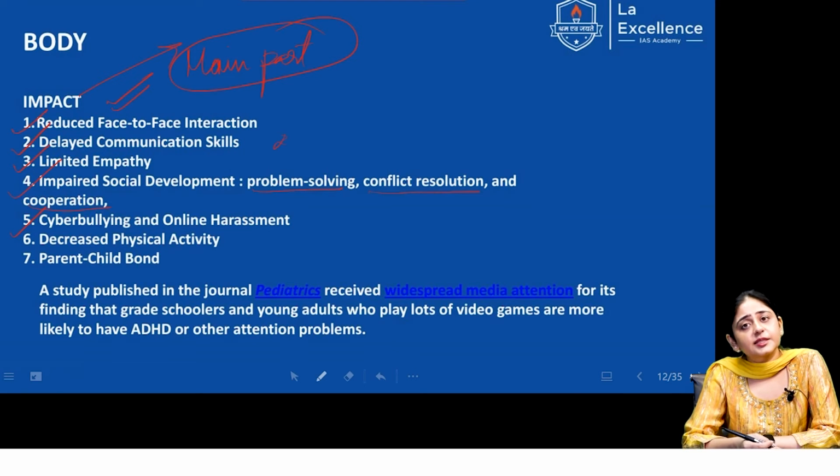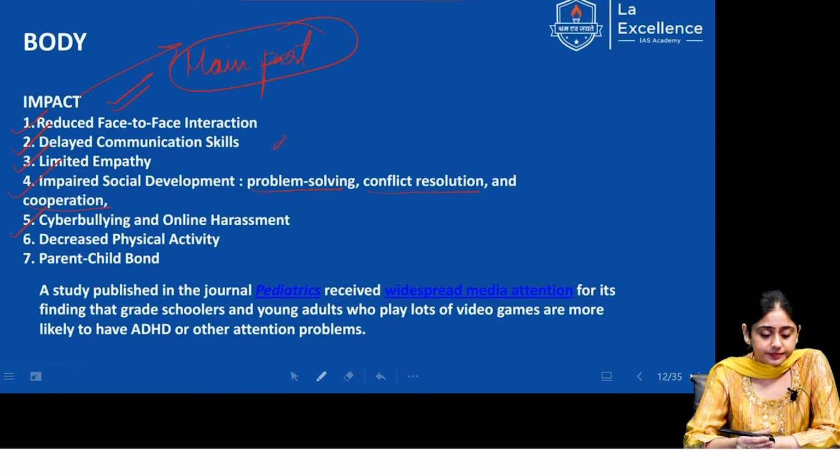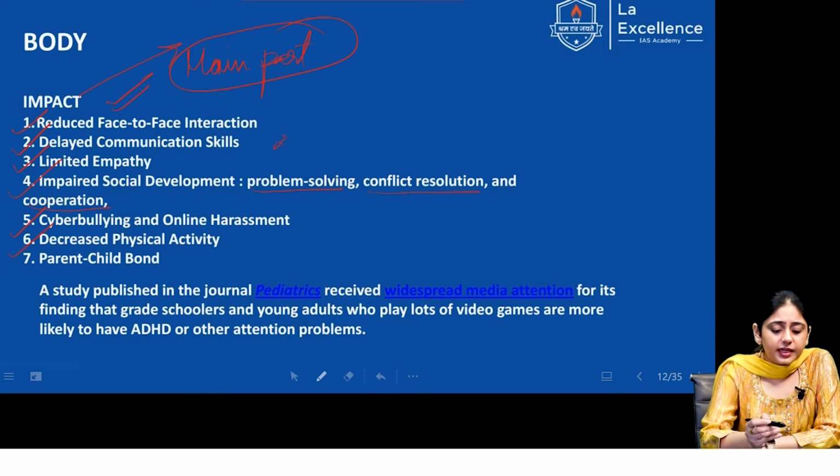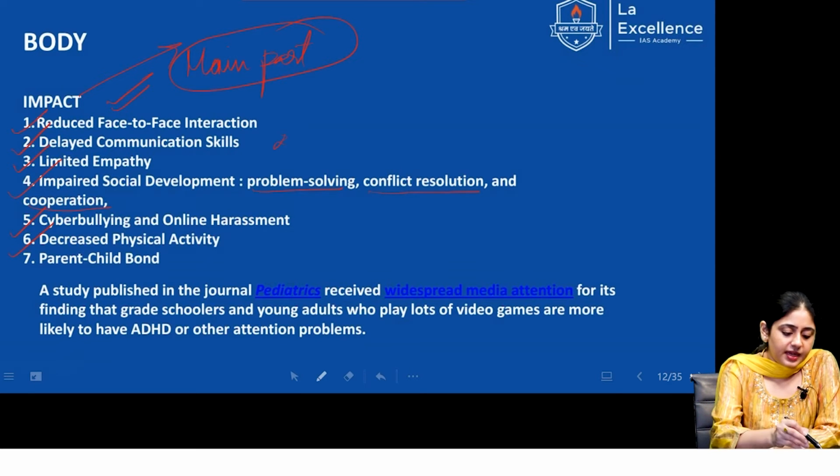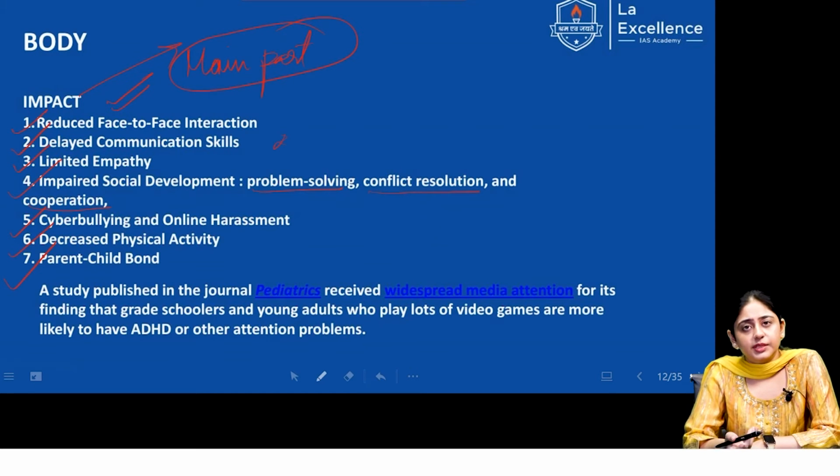So all these things are becoming very common. Then decreased physical activity. So cases of obesity and health disorders are increasing because you're not exercising enough, not going out enough. The last thing, which we have been repeating again, the parent-child bond goes down.